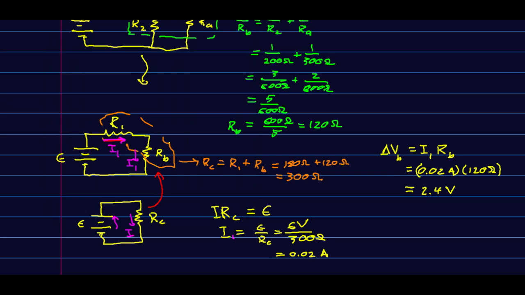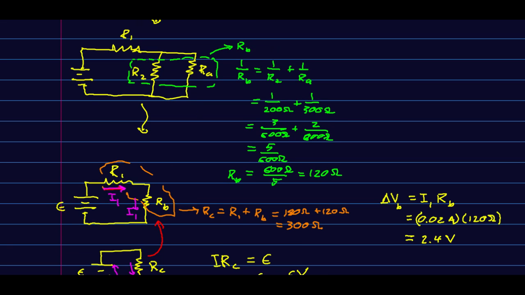Now, that's going to be useful to us because at our next step of reconstructing the circuit, RB is breaking back out into R2 and RA, but those are in parallel. So we now know that this delta VB is delta V2 and delta VA, because they are in parallel. So they have the same voltage.